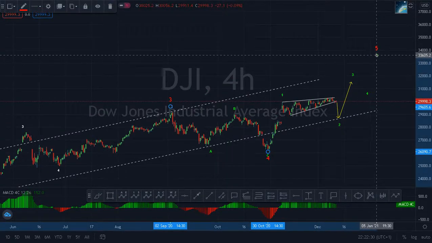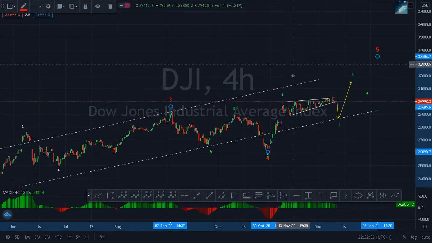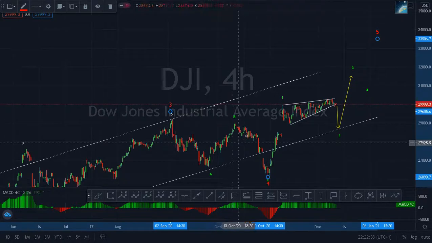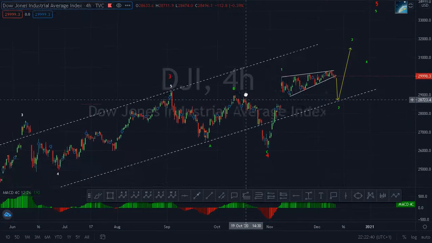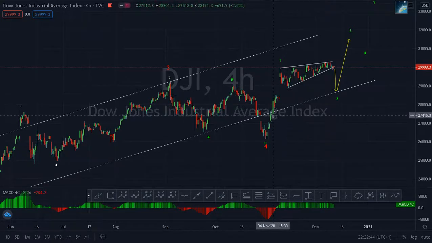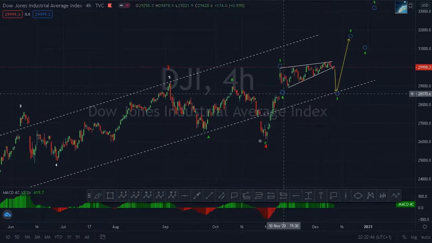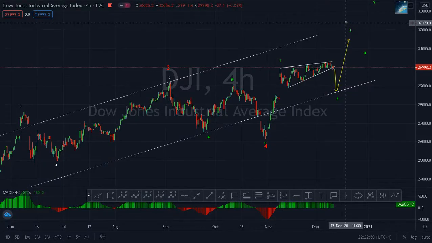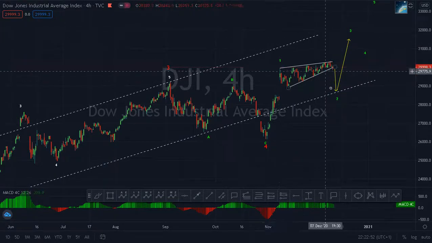Whenever wave 1 is extended in the market, there's always a kind of bigger move expected. This is just wave 1, because I don't see any correction around here. This is wave 1 of the 5 wave, and here will be wave 2.